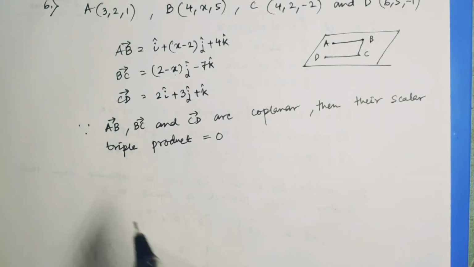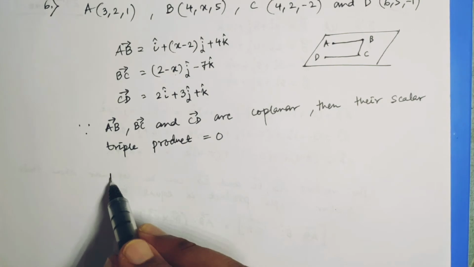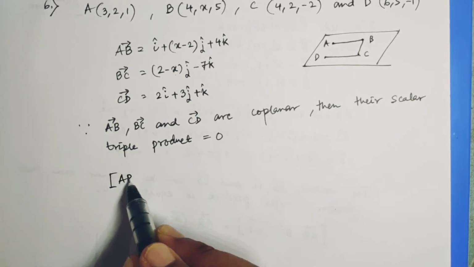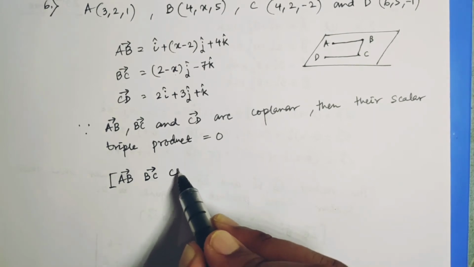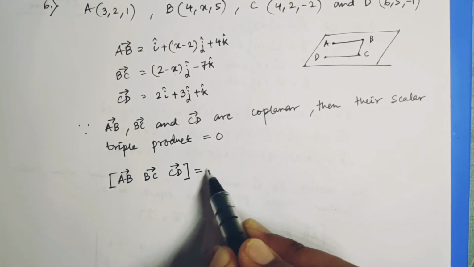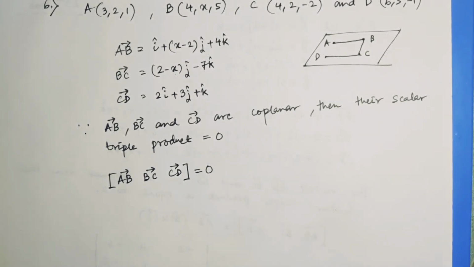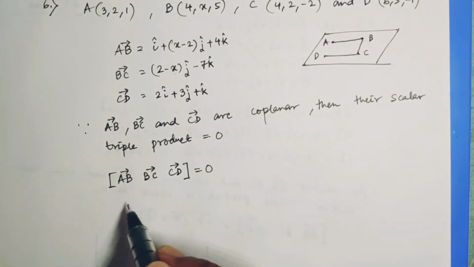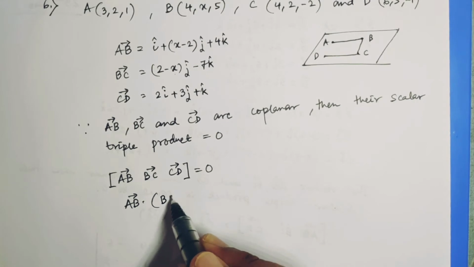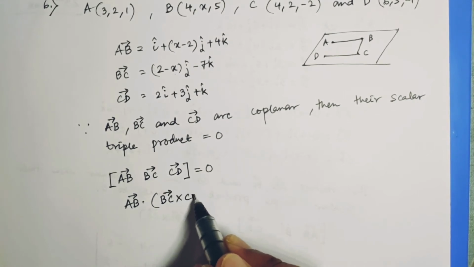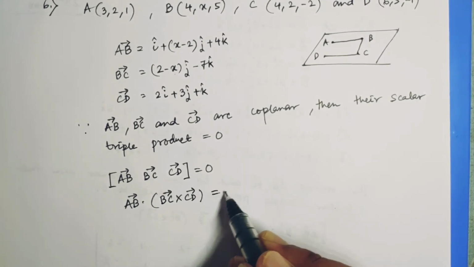Understood? So now the scalar triple product is equal to 0. So what do we have? [AB, BC, CD] equal to 0, that is AB vector dot BC vector cross CD vector equal to 0.